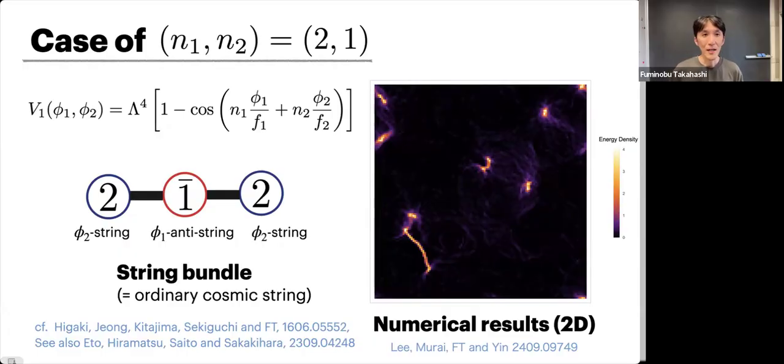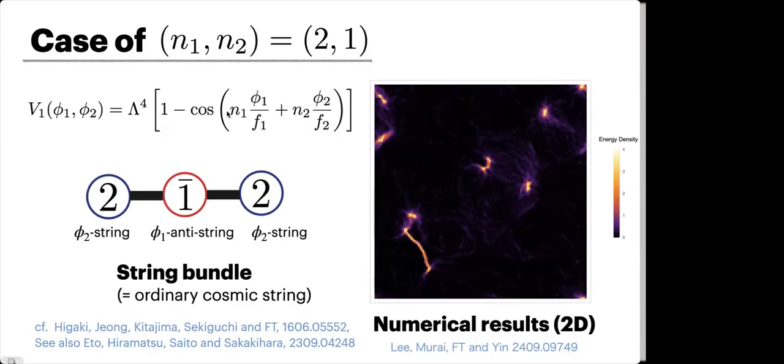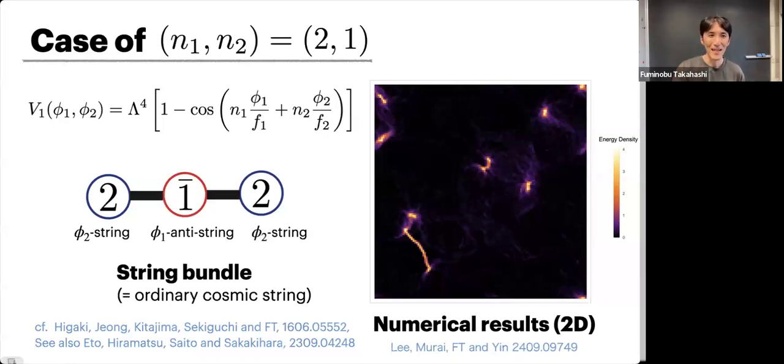Thank you for the question. Along the domain walls shown by this black line, the cosine function takes a value of -1, so that V1 has a maximum, because it has energy. It means that this combination of phi1 and phi2 is equal to pi.